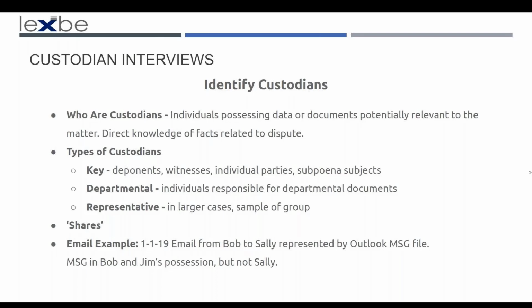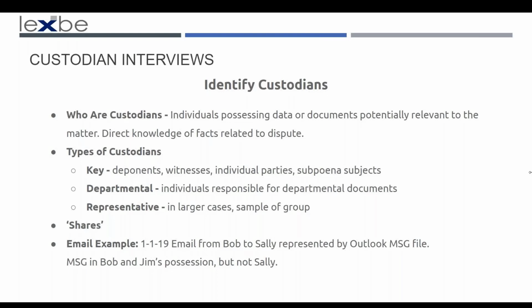There are several types of custodians we refer to. One is key custodians. These are the individual parties, the deponents, witnesses, subpoena subjects. These are individuals that have relevant knowledge and documents about the case or dispute matter. The second are departmental custodians.